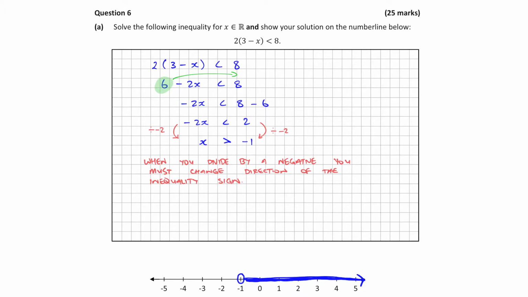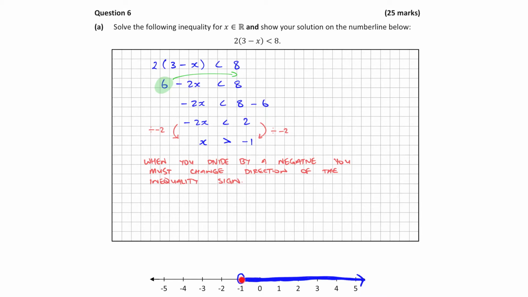It's important to understand why we do this. When we circle that, it means that we're not including negative 1, but we're including everything else after that. So we're including negative 0.99999, which will fall in there, negative 0.8, negative 0.7, negative 0.6, and so on.